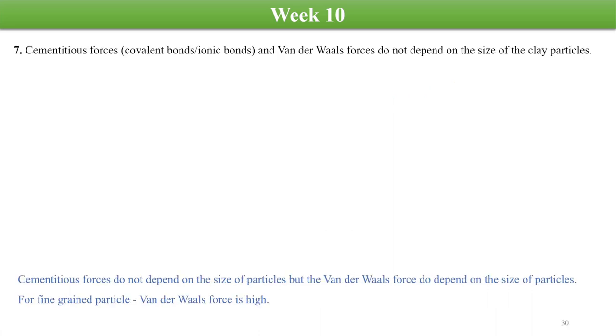So the 7th question says that cementitious forces, which is covalent bond and ionic bonds, and van der Waals forces, do not depend on the size of the clay particles. It is true that the cementitious forces do not depend on the size of the particles.